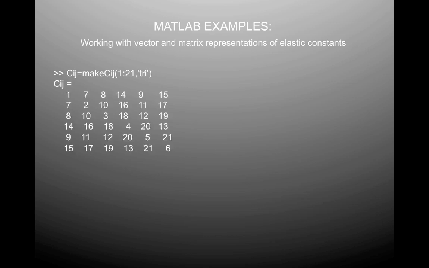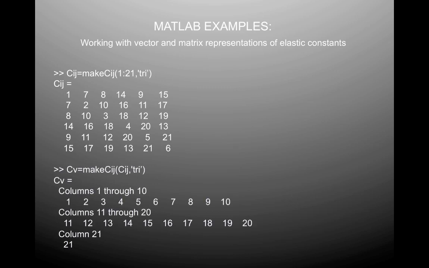This function will return this matrix. You'll see that it has 21 unique elements and it's symmetric, so across the diagonal the elements are flipped, and the numbering scheme starts off by going down the diagonal. Now, just to show that makeCij is flexible, I feed into makeCij the matrix representation, and it's going to return a vector C, which is what we originally put in, numbers 1 to 21.